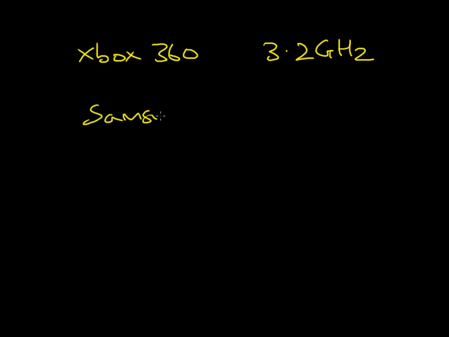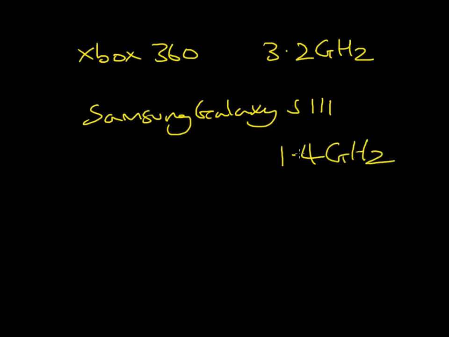The Samsung Galaxy S3 is a processor which operates at 1.4 gigahertz, so a bit slower, just under half the speed, and it's able to execute 1.4 billion calculations in 1 second, which for a mobile phone is pretty fast.